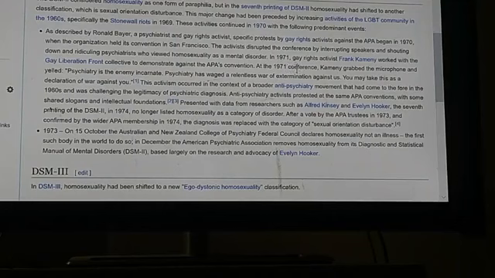At the 1971 conference, Kameny grabbed the microphone and yelled, "Psychiatry is the enemy incarnate. Psychiatry has waged a relentless war of extermination against us. You may take this as a declaration of war against you."